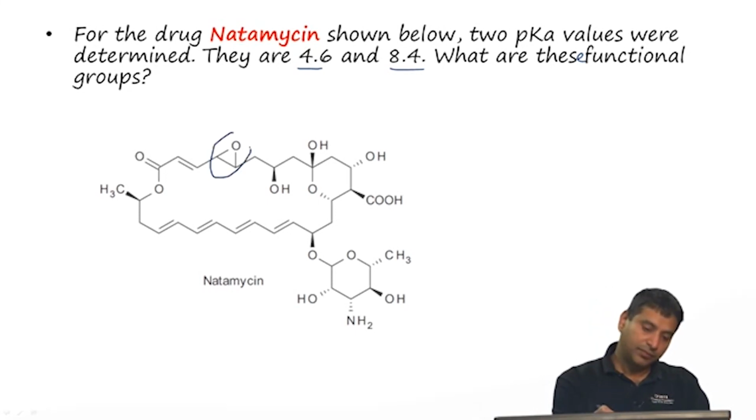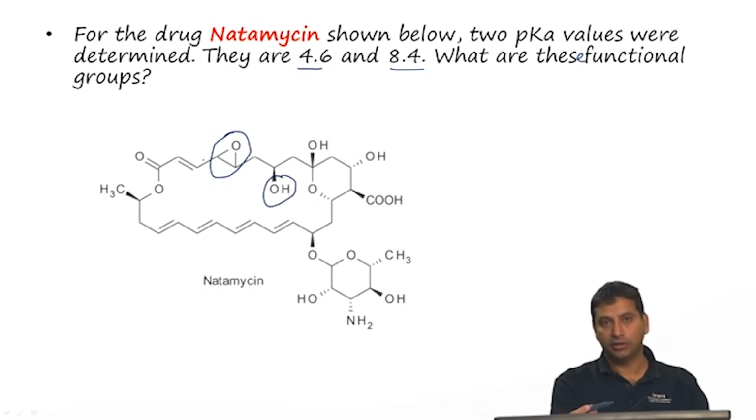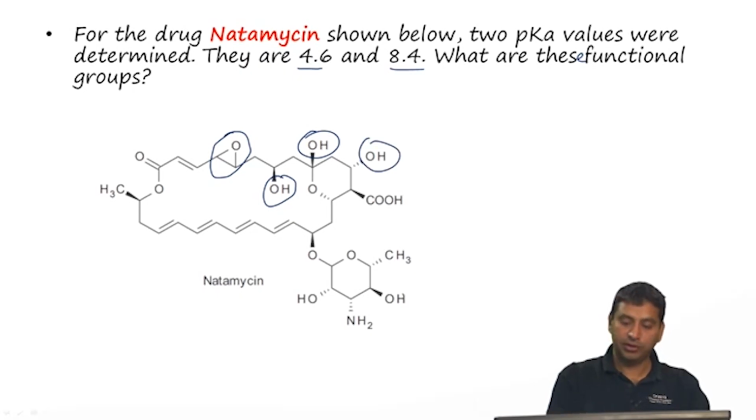You have an epoxide, you have an OH. The epoxide does not have any ionizable group, or this lone pair is not going to be a very good base. You have the hydroxyl group whose pKa is well into the 14, 15 range. Similarly, all these hydroxyl groups are going to be similar.